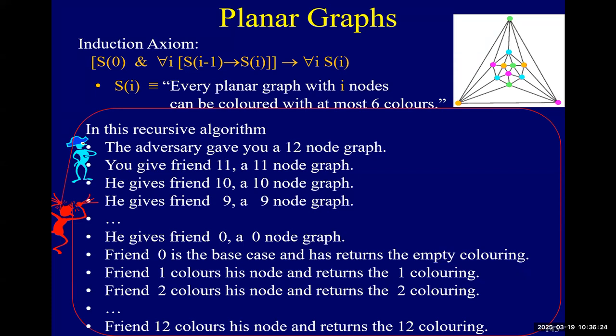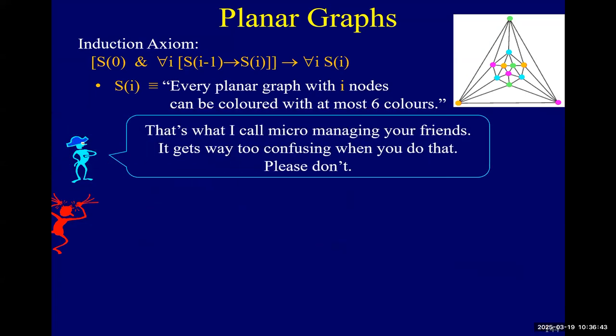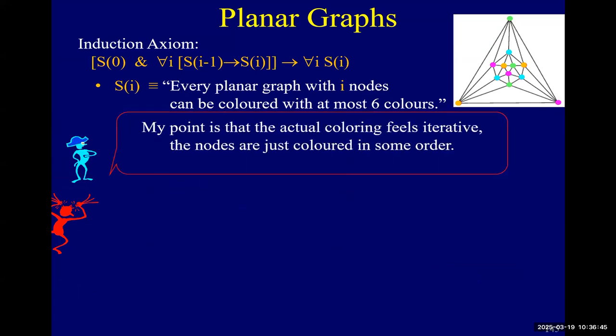Anybody know what I don't know? I don't know which node to color first, right? I know which node to color last. The one to color last is the one with low degree. I don't know which one to color first. All right, so it feels iterative, right?